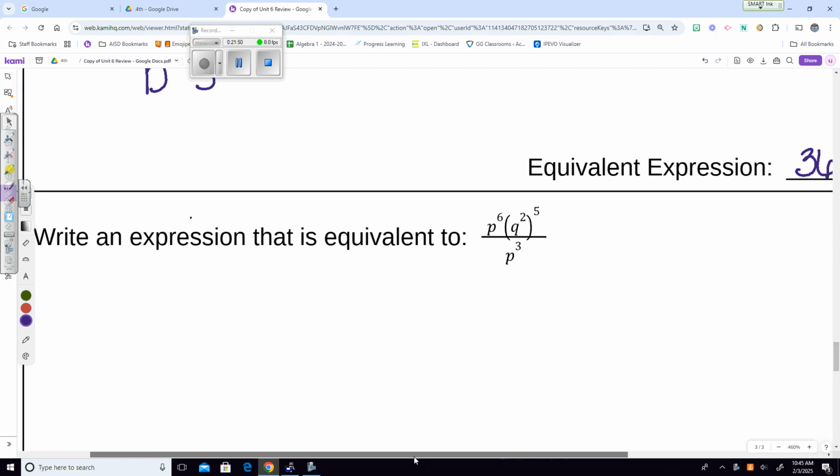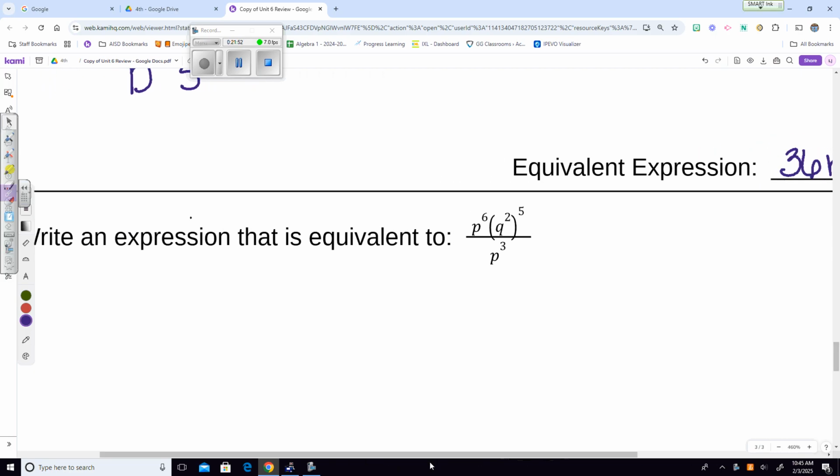It says, write an expression equivalent to, and we have the expression. What two things are going on here? Good. We have division, we have exponent, we have multiplication. So which one are we going to do first? Exponent. And when you have exponent to exponent, what do you do?